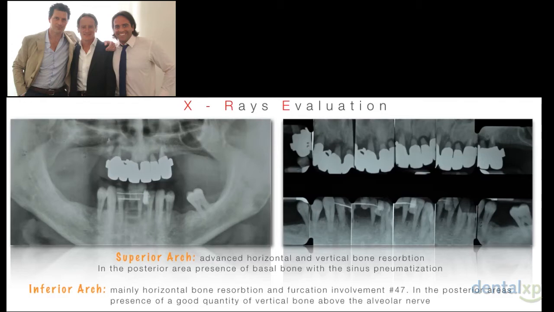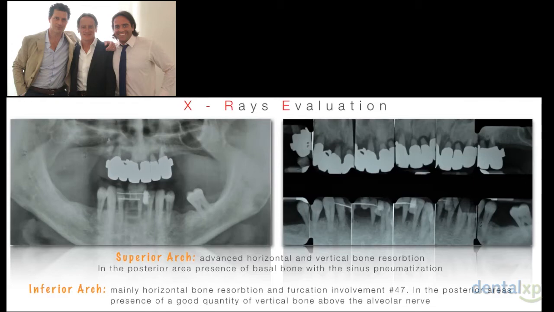And from that, we can see that in the superior arch, we have an advanced horizontal and vertical bone resorption. In the posterior area, we can evaluate the quantity of bone, and we can see that there is basically presence of basal bone with also sinus pneumatization. So again, we write this on our chart and we start to think, we collect this.